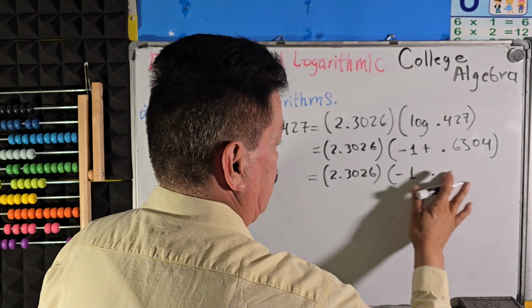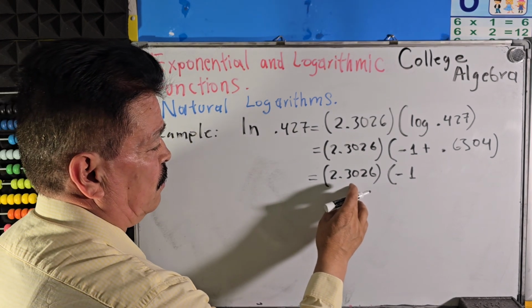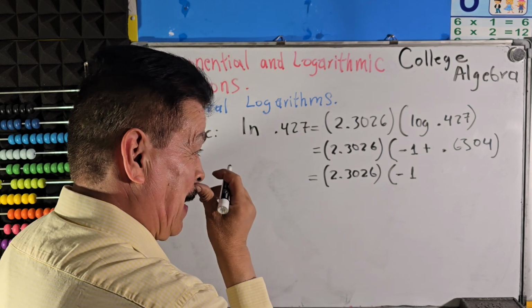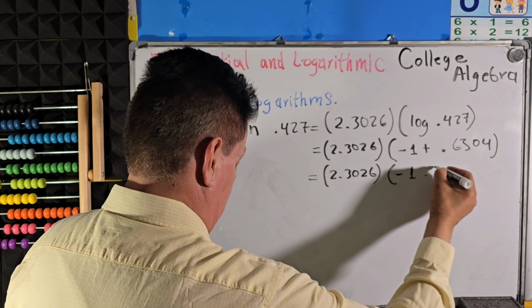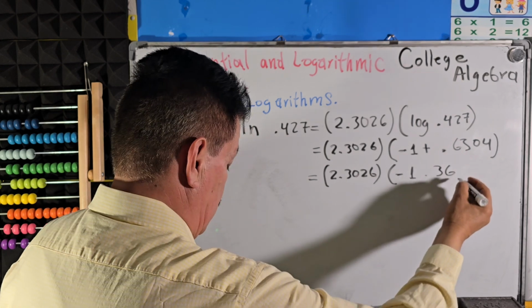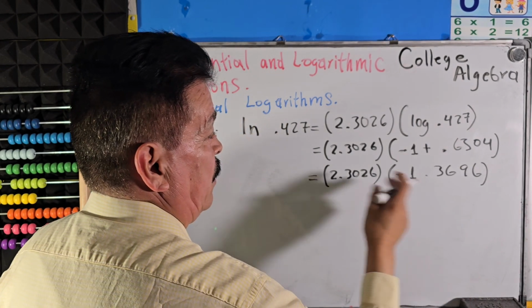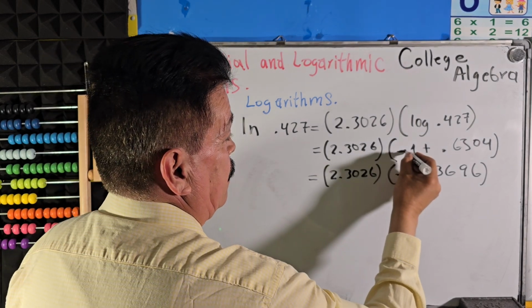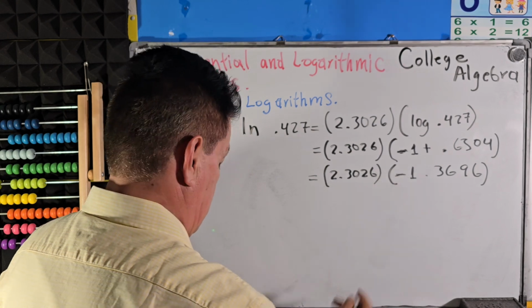It's a mistake. It's not this one. So we have 2.3026 times 0.3696. We added right there. So negative. This is negative. Here we have negative there.